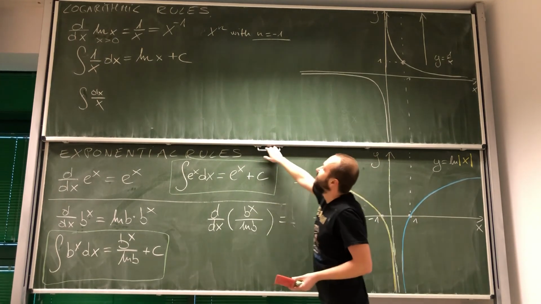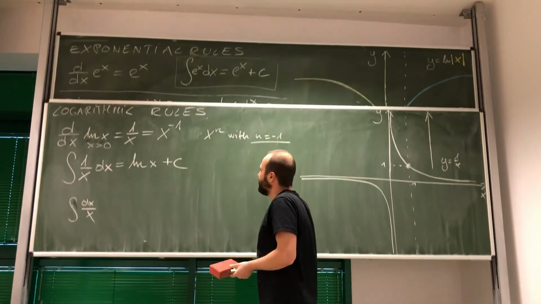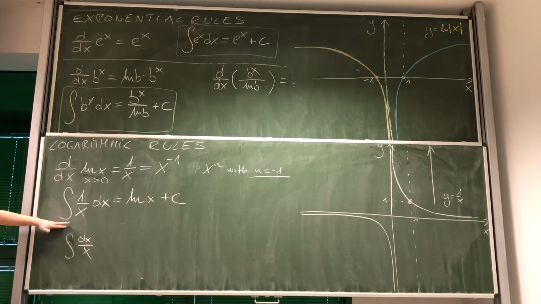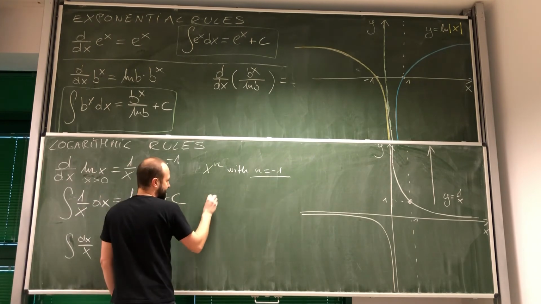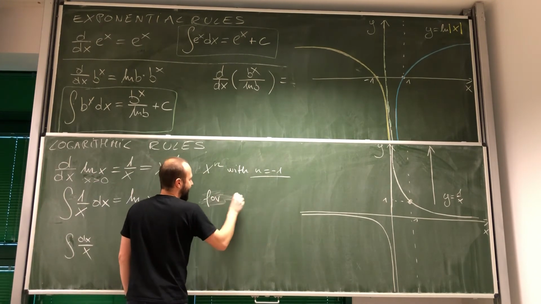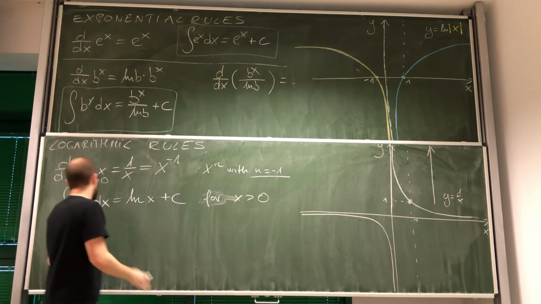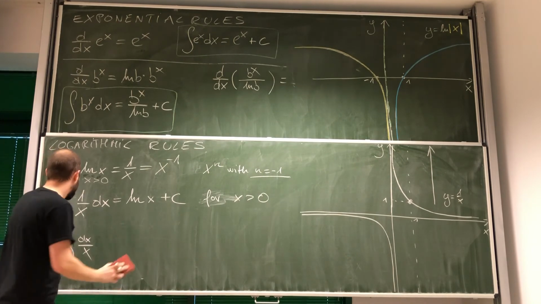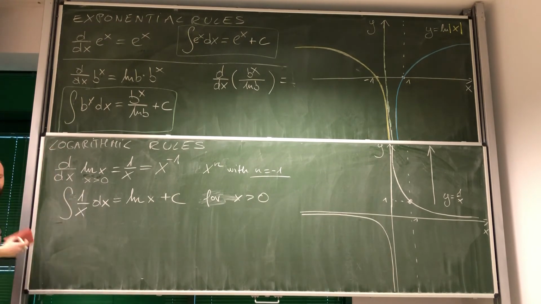Okay, so the final thing we need to change in our result is that this formula works as long as x, let's write it for x bigger than 0. Which usually is enough for us, because in all economic applications, we rarely use variables that contain negative values.